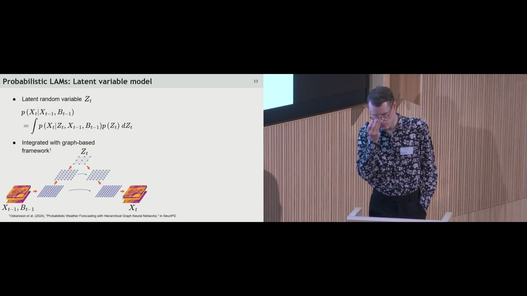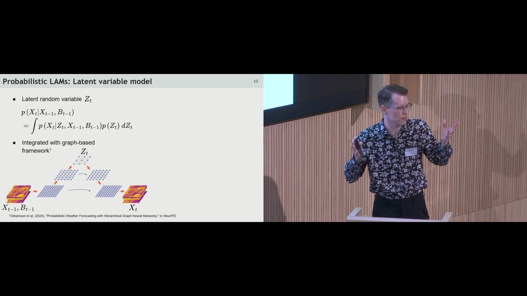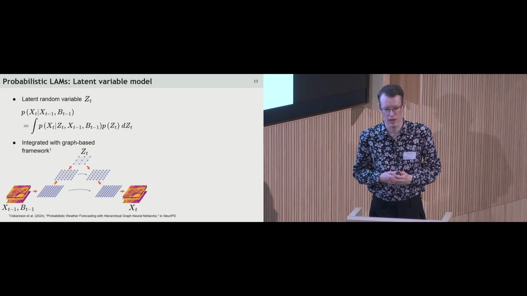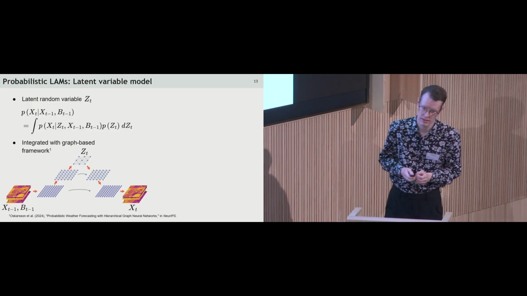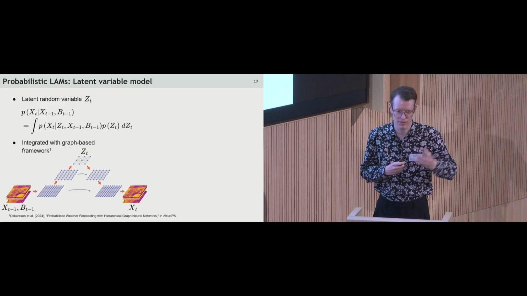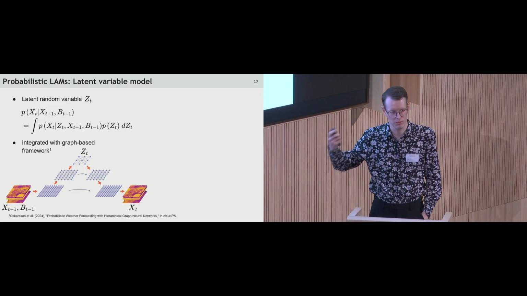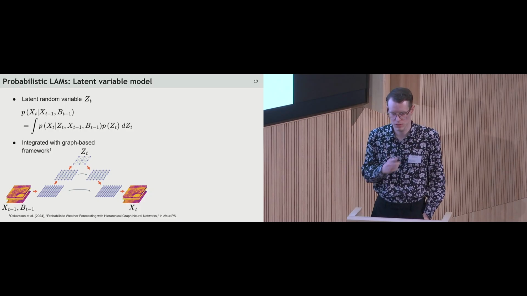In this work, we also integrated this with this kind of graph-based framework and built a hierarchy of such graph levels, where we then integrated a random variable on the lower resolution top of this hierarchy. As we sample this random variable and propagate all of the information through this graph hierarchy, we produce different realizations of the atmosphere at the next time point.